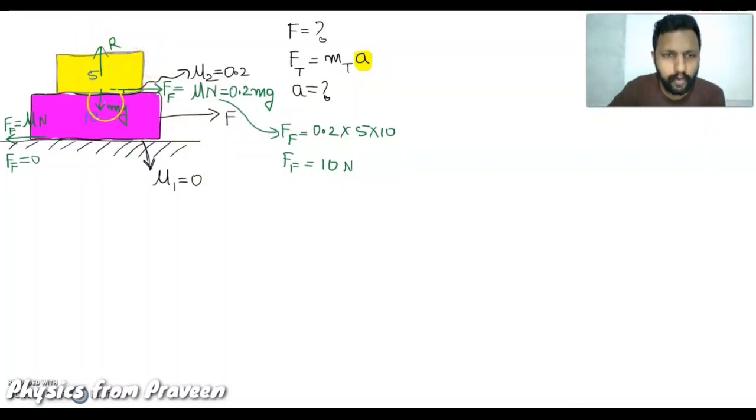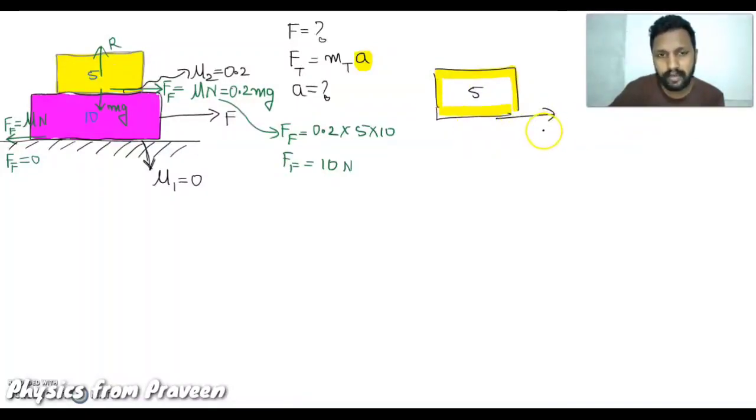Now just focus on this 5 kilogram mass. If I draw the free body diagram of that 5 kilogram mass, it has a force, that is the frictional force, which is 10 Newton.